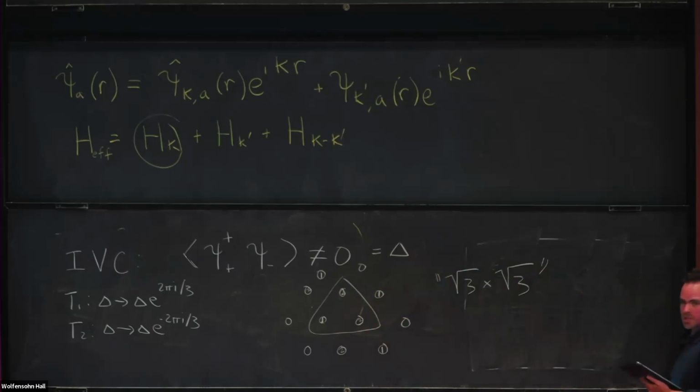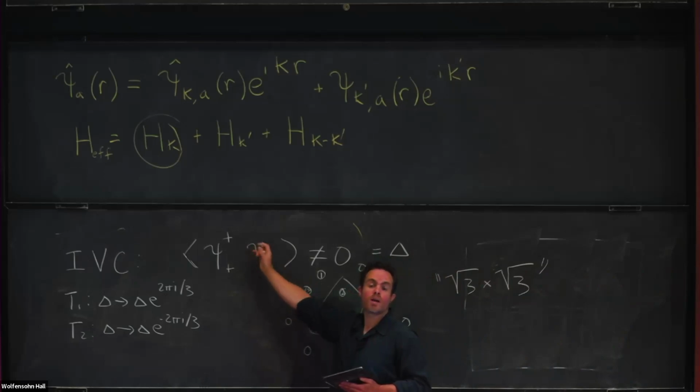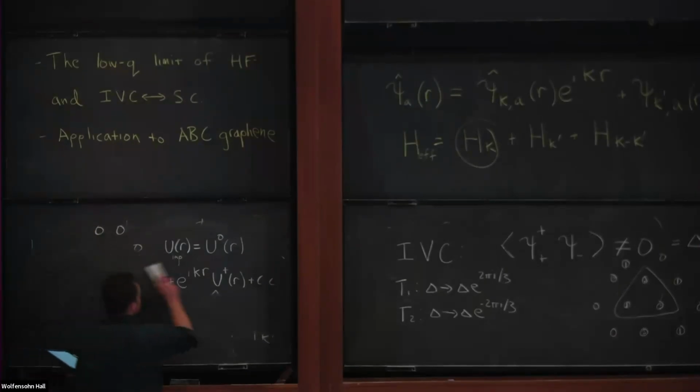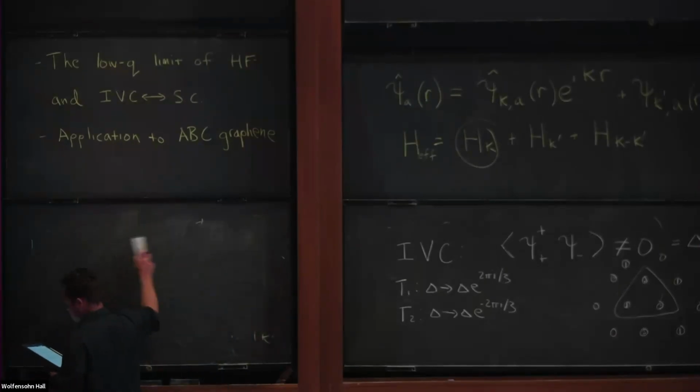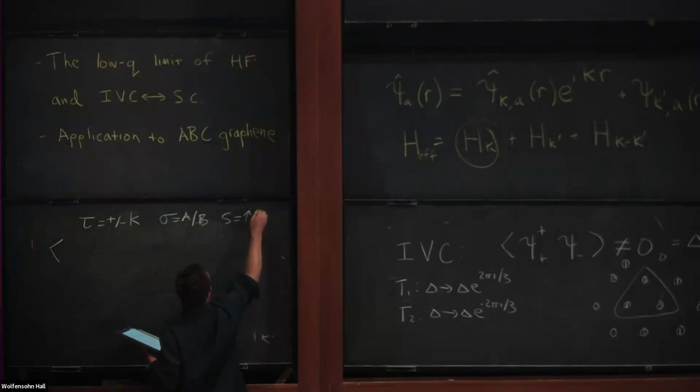Now, the actual interpretation of it, whether it's a spin density wave, charge density wave, or current density wave, is going to depend on the detailed form of what components are hybridizing. So what do I mean by that? Well, if we go back to putting in all the indices which I've been suppressing, in graphene, for example, we have valley, which I'll write as plus or minus K. We have sublattice, which is equal to A, B. And though I won't talk about it much, we also have a spin, which is up and down.